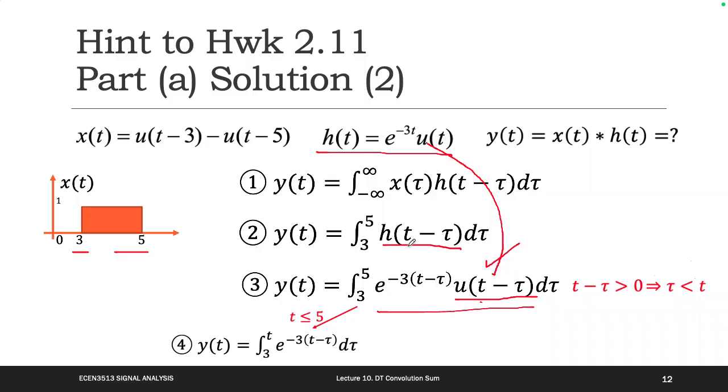Our boundary should be the smaller one. If t is greater than 5, then the upper boundary should be 5, because the upper boundary should be the smaller one. So we have this one. That makes sense to you? Then you use the equation to resolve it.